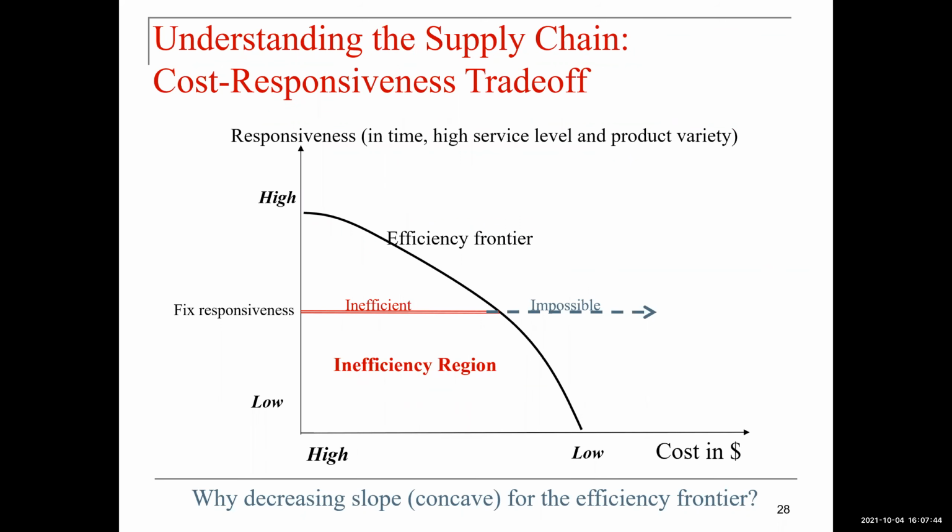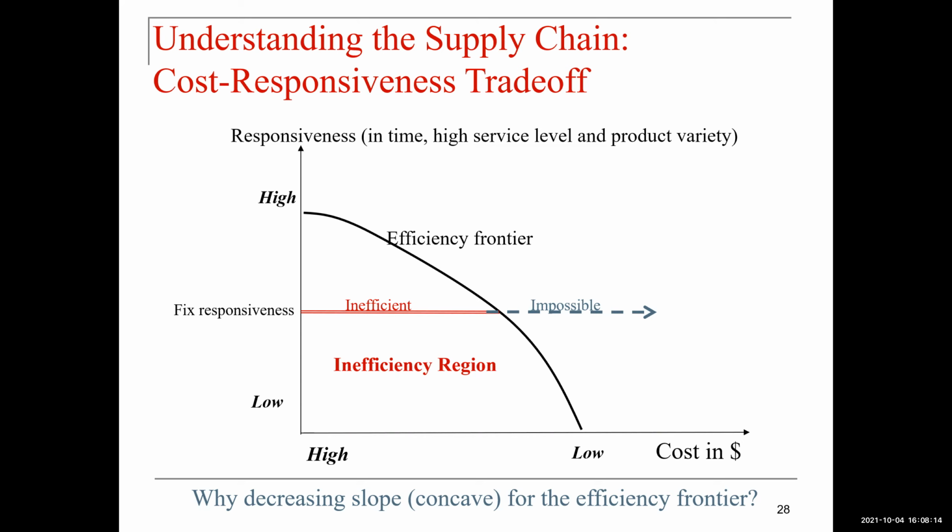Understanding the supply chain's cost-responsiveness trade-off. You see here we have an efficient frontier that is telling us when it is becoming inefficient and when it is an efficient way of operating. On the left side we have the fixed responsiveness, and at the bottom on the x-axis we have the cost in dollars.